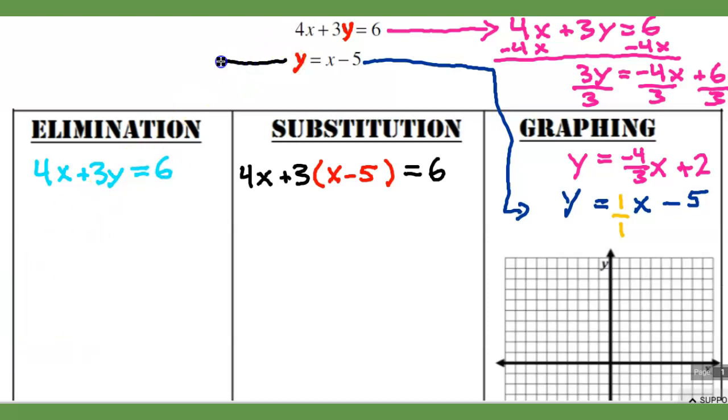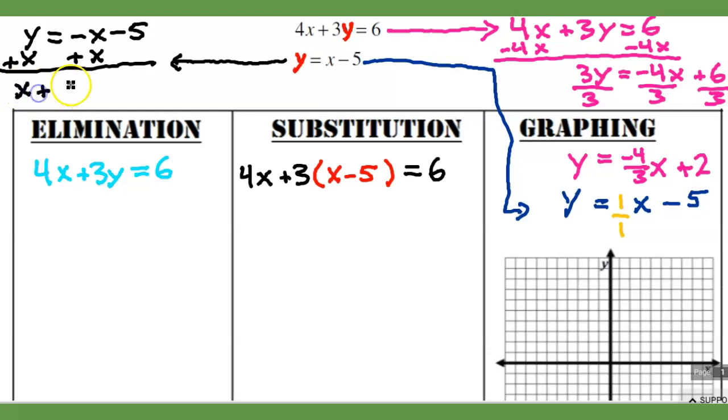But this one is not. Simple solve, move x and y to the left, gives us x plus y is negative 5, because the x is eliminated.